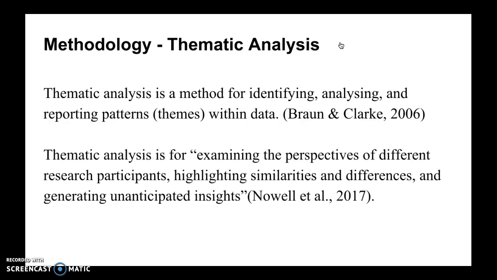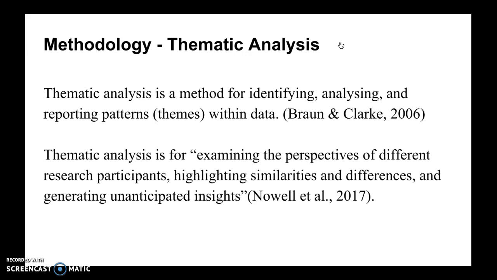The methodology I use to analyze the data is thematic analysis, because I want to use thematic analysis to find patterns from the data, also called themes. For me, those patterns represent the nature of the experiences of students who participated in this activity.